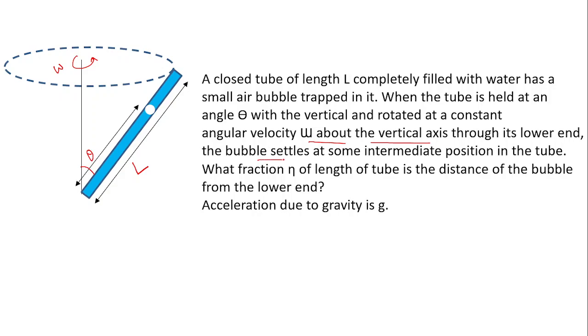The bubble settles at some intermediate position in the tube. So the bubble is at equilibrium in this position, and let us say its distance from the lower end is small l.